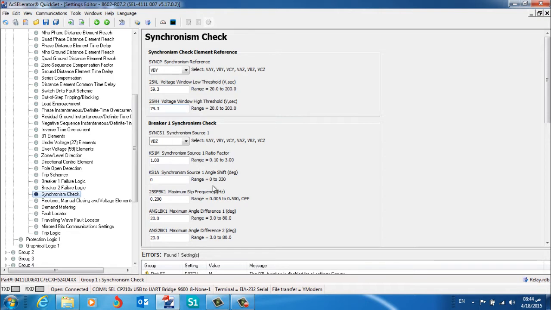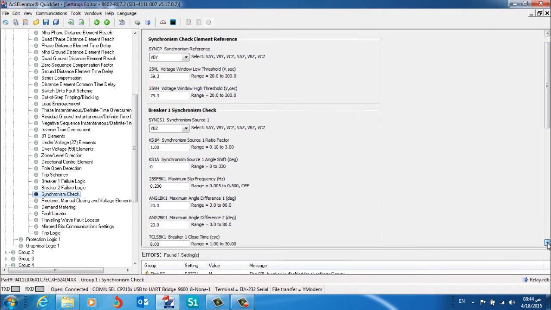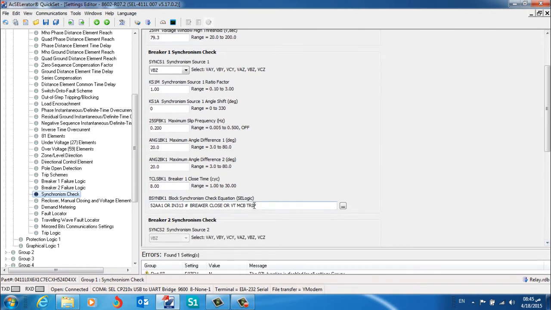Okay, angle shift 0, maximum slip frequency this DF. This slip frequency we need to test, and maximum angle 20 and 20, and breaker 1 close time. I have here two conditions to block this synchro check. First, if the breaker is closed. Second, if the MCB VT MCB trip.